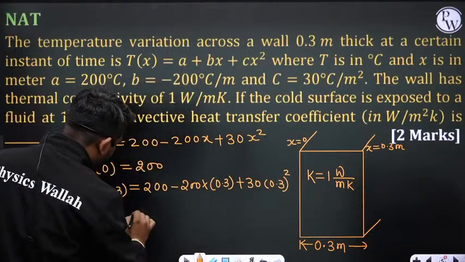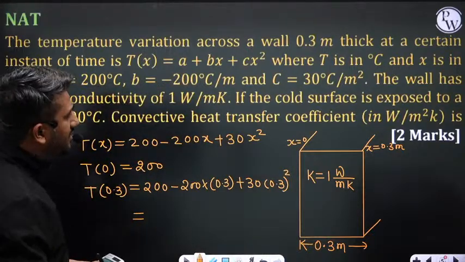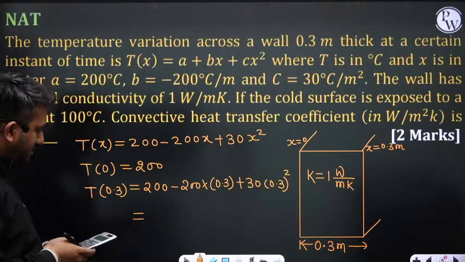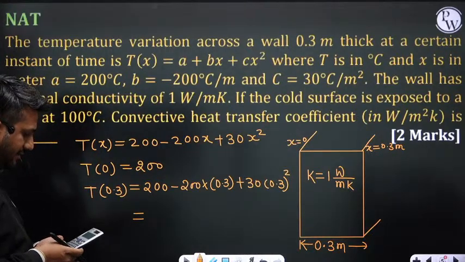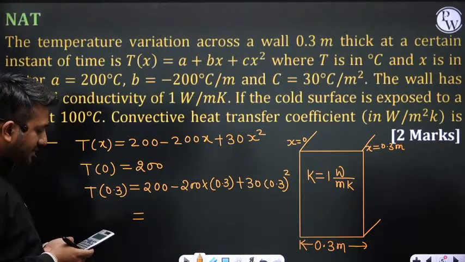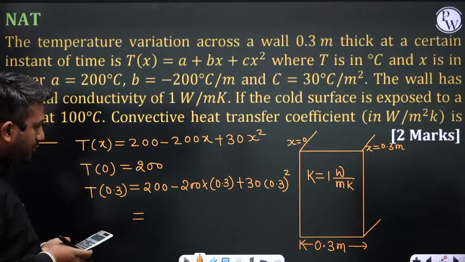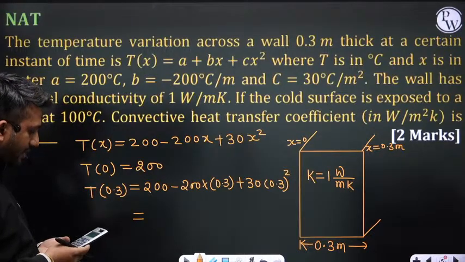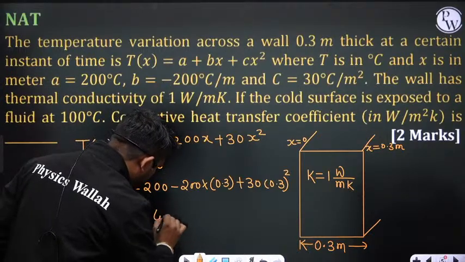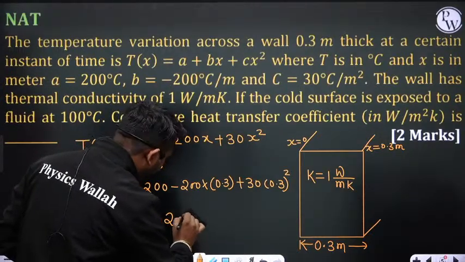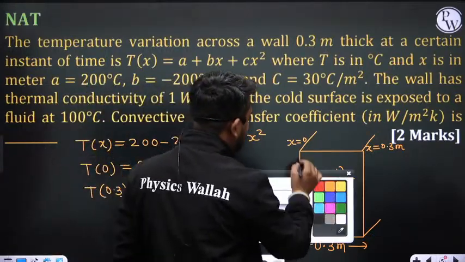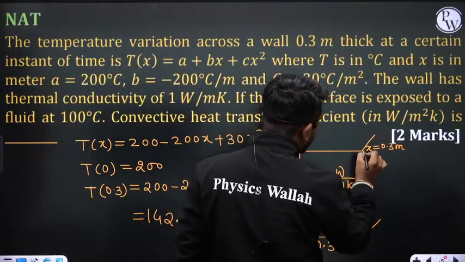From here you can calculate the temperature of the right face. So this temperature comes 142.7 degrees Celsius. That means this is the left face and this is the right face.